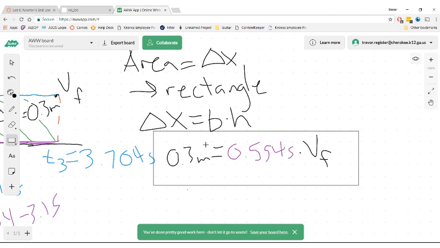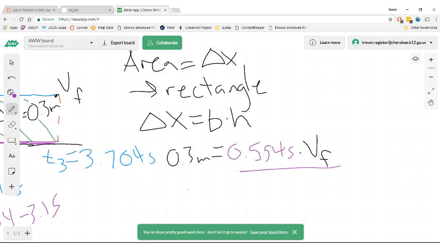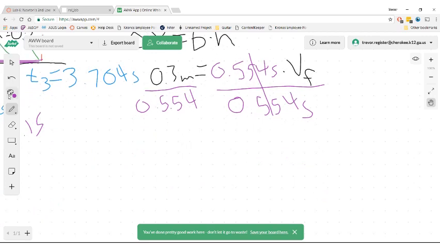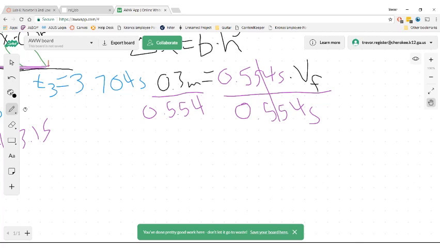So to get VF by itself, what I'm going to do is divide both sides by 0.554. So the 0.554 seconds cancels out. And so I get that VF is equal to 0.3 divided by 0.554.